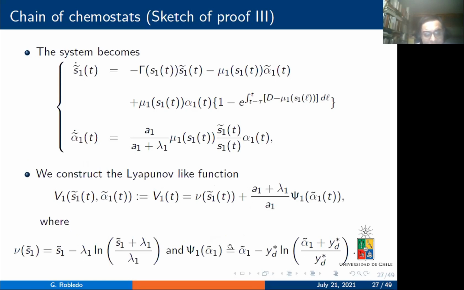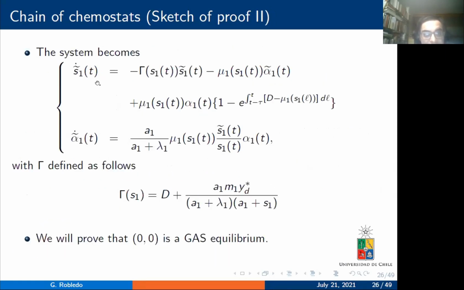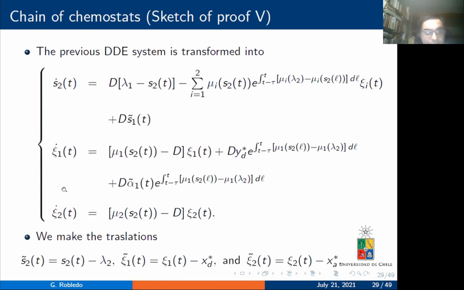This is the work with respect to the first two equations. Now we will focus our attention on the last three equations. As before, we will introduce three transformations, this one and this one, and the above transformations transform these three equations into this equation. Also, as before, we make this translation.